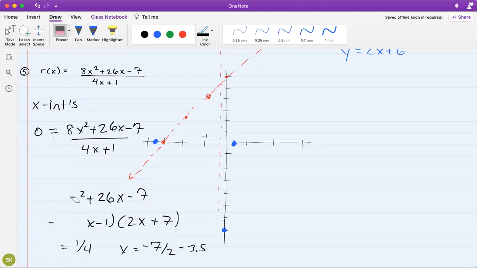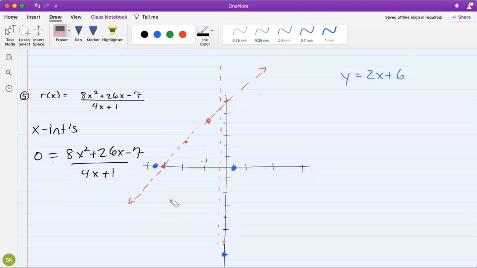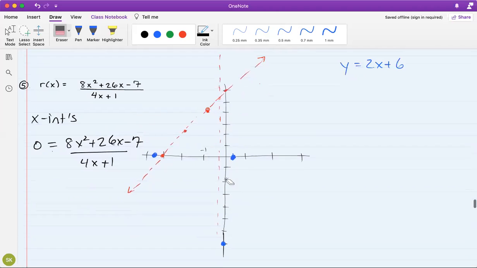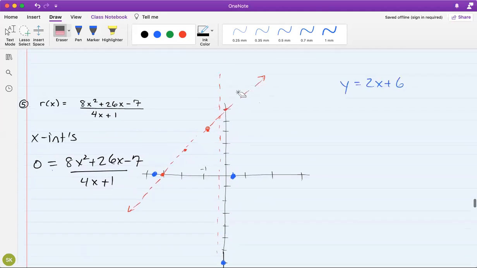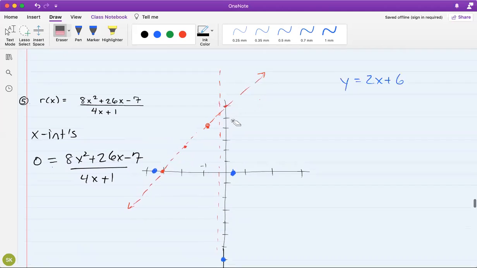The next thing we want to do is try to graph this and see if we need to plot any other points to help us graph it. So a few things to remember. This is a function. So we're not going to have 2 dots for the same x value. So in other words, whatever we have down here, we're not going to have up here as well, because if we did that, it wouldn't pass the vertical line test.